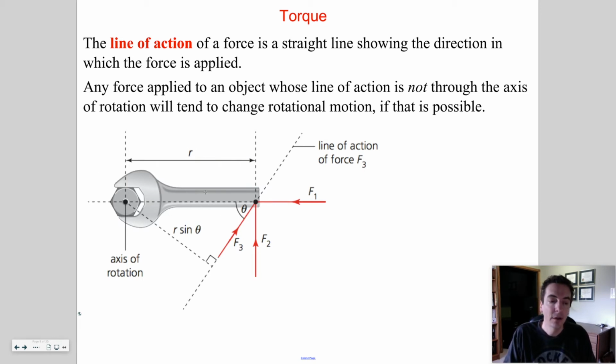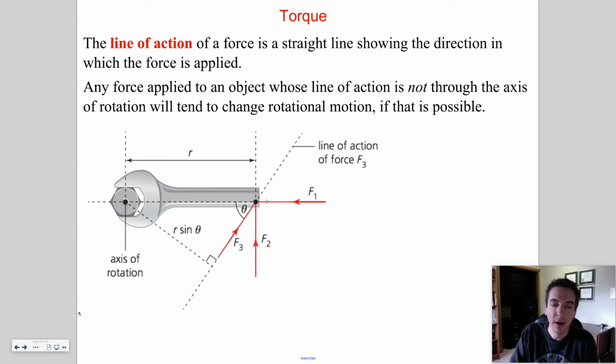So let's take a look at this diagram right here. You are turning a wrench on a nut here, and the most efficient way to turn that wrench would be to apply a force at a 90-degree angle to this radius right here. So this would be the most efficient line of action.